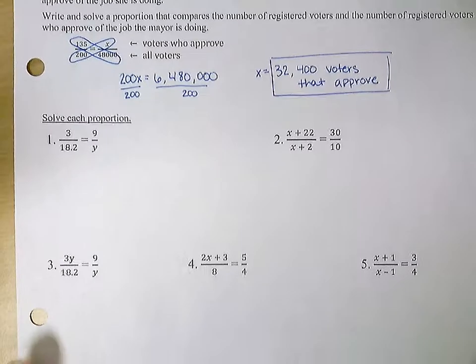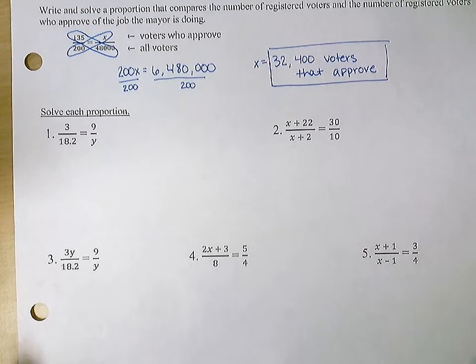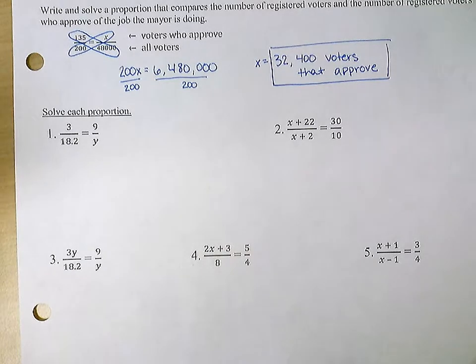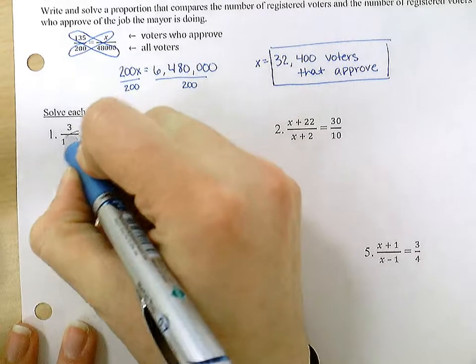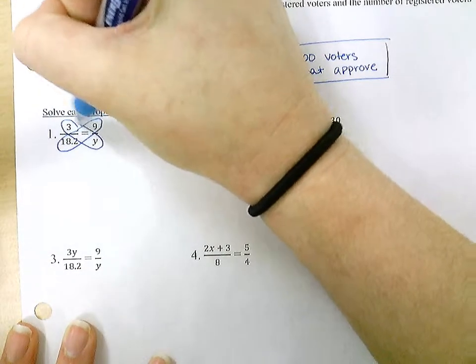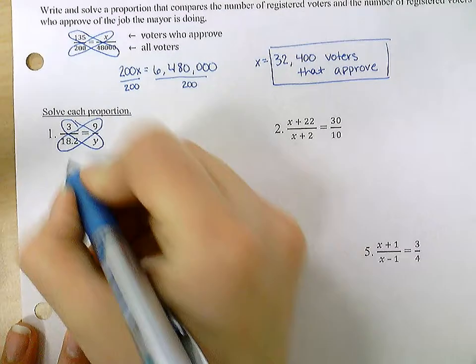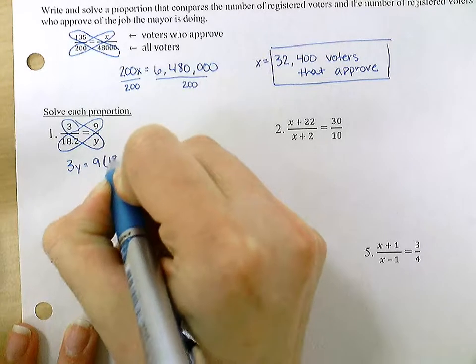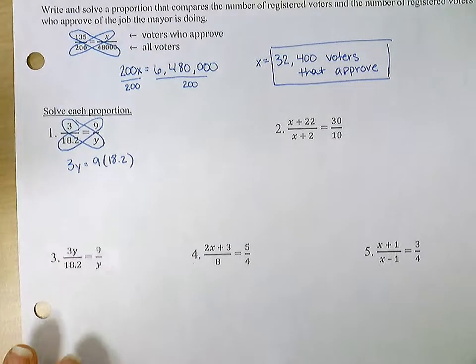Okay, so we're going to do some more examples at the bottom here. Okay, number 1. Again, all we have to do is solve this proportion, so we're going to cross multiply. So we have 18.2 times 9 and 3 times y. So we have 3y equals 9 times 18.2.